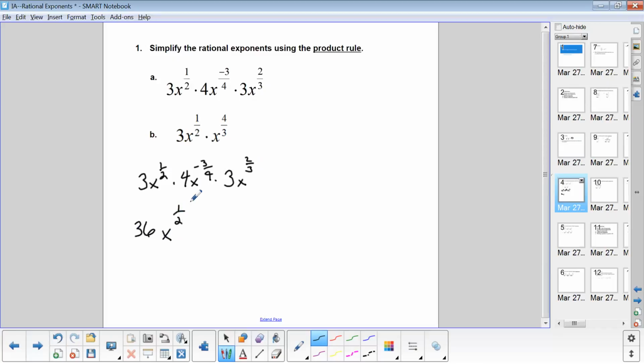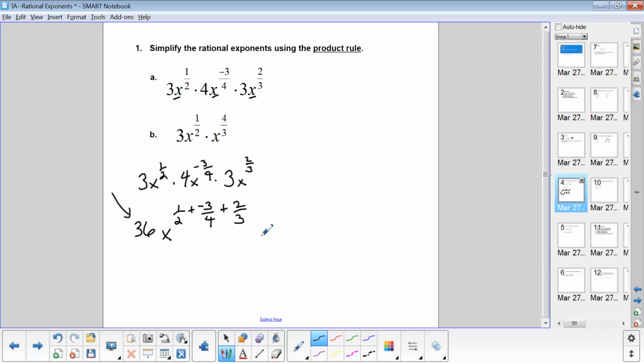Now I have 1/2 plus negative 3/4 plus 2/3. Since I have the same base, I can add these exponents. These coefficients I'm allowed to multiply, which gives me 36.